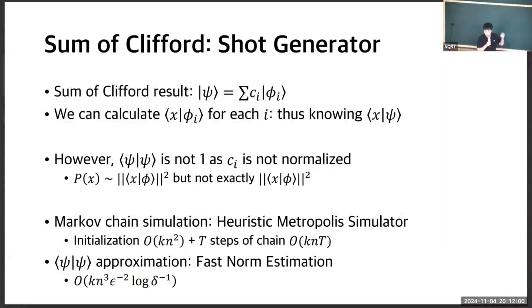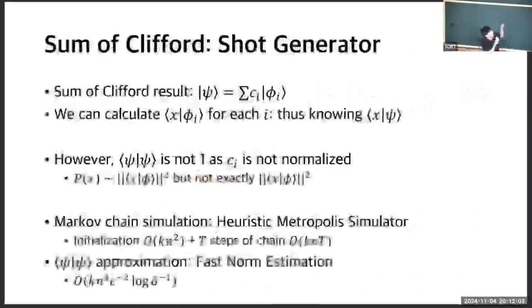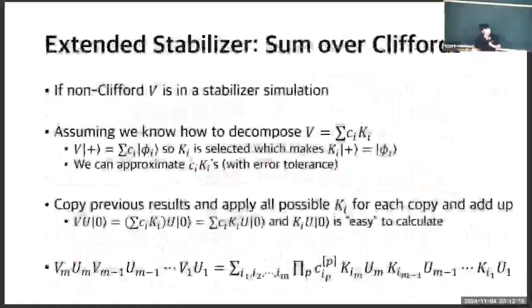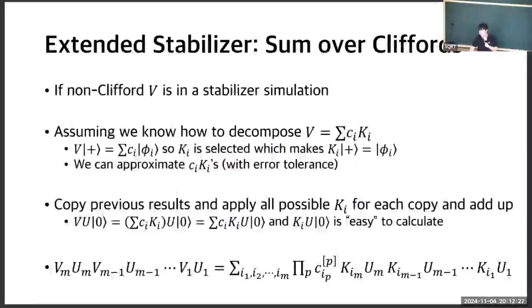So there are two different ones. There is Markov chain simulation, which just takes p(x), which has a little bit of a problem here because when we apply the gates by c_i k_i, this makes the gates a sum, which doesn't ensure that this c_i k_i makes a normalized vector, because if we just take it as a shot generator, it doesn't match with the actual amplitude and probability here because it loses the phase and all sorts of things.